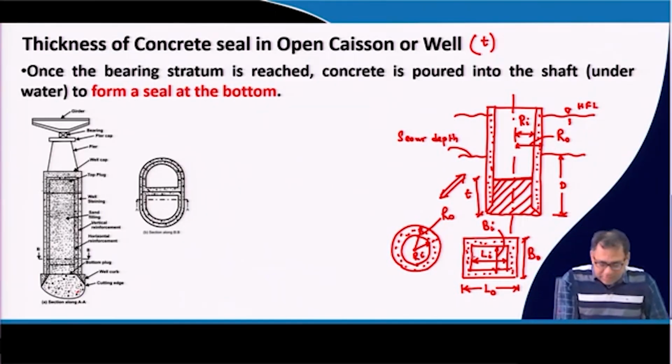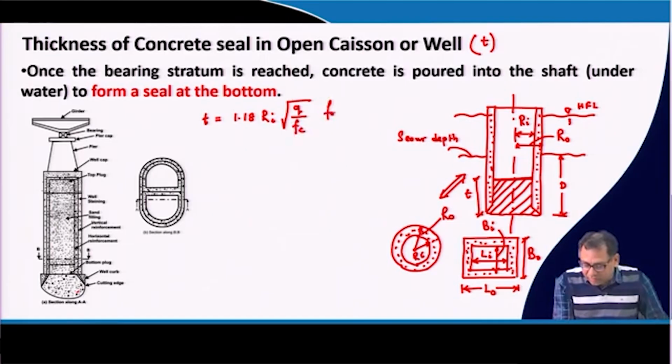Now, the thickness of the concrete seal will be equal to T equals 1.18 R I, the inside radius, times root over Q by F c. That is for the circular cross section.